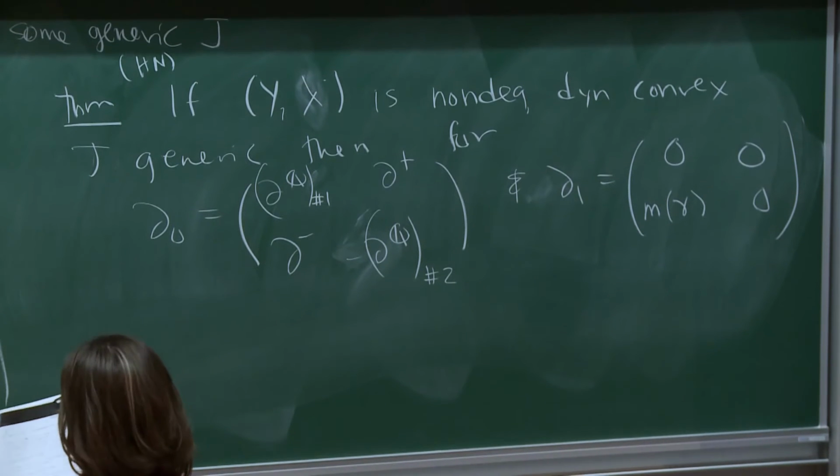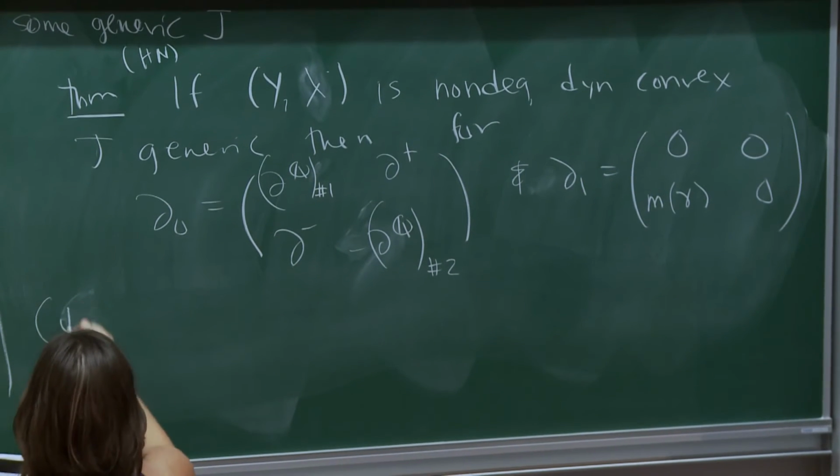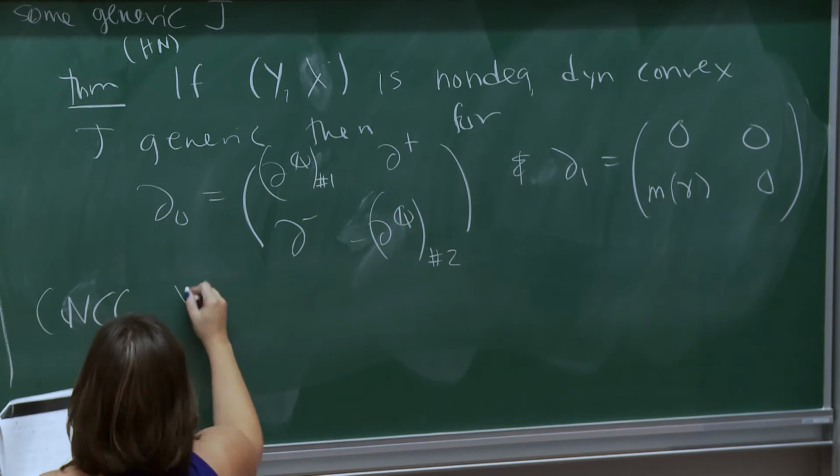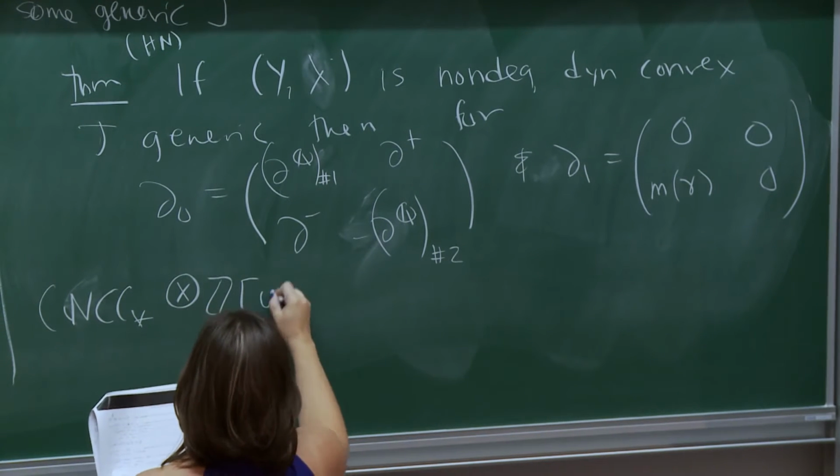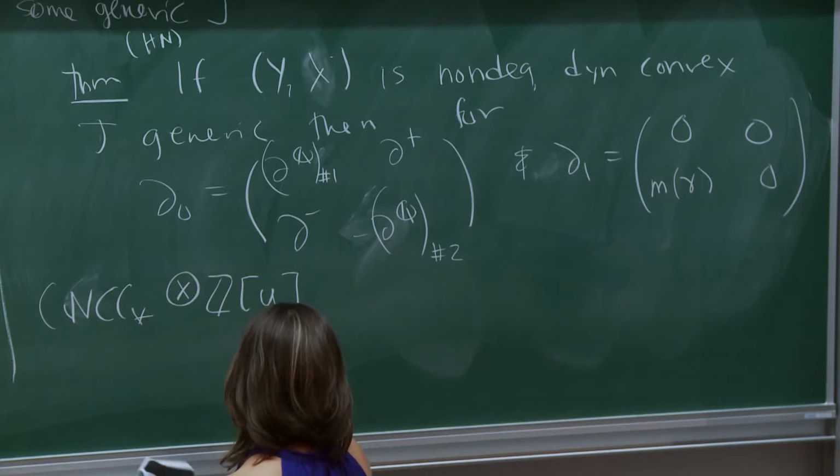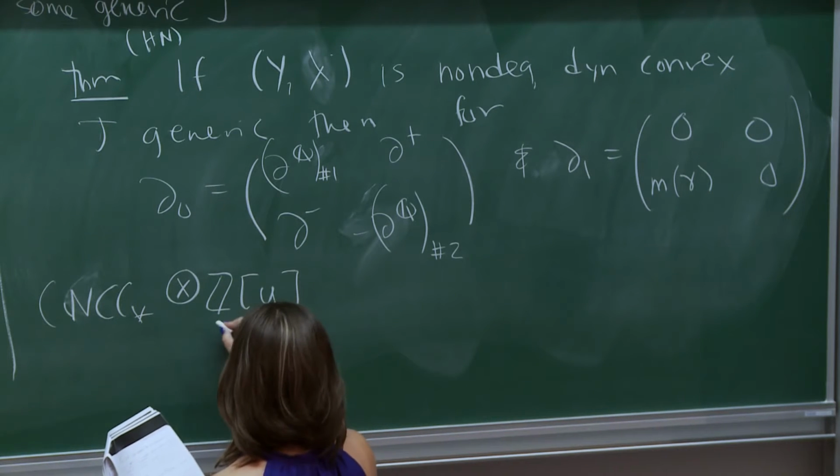You can actually get a chain complex by taking the non-equivariant chain complex, tensoring it with a formal power series, a variable U that has degree 2.